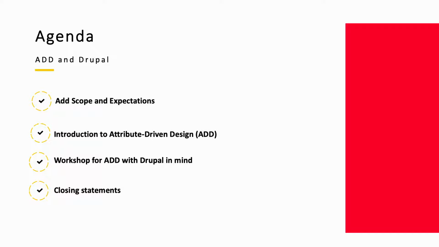So I'll give a little bit of scope and expectations, go into attribute-driven design, share the workshops that we do at Rico in order to engage the architects, the engineers, the various stakeholders that basically come in and help us define the sites or the web applications or the services. And then I'll just give some closing statements and open it up for Q&A and things like that.